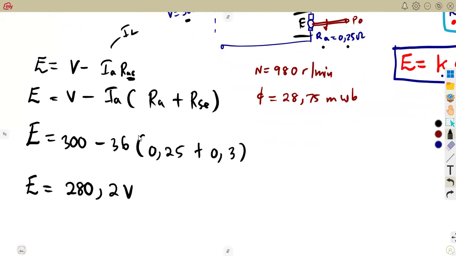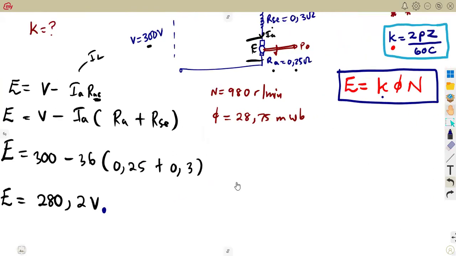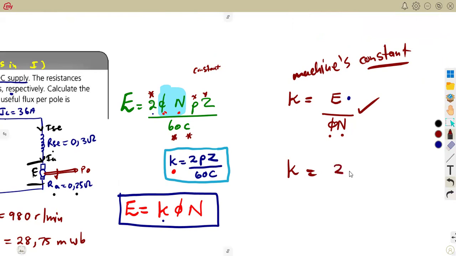Now, the machine's constant can be determined, which is K, from this generated EMF that we have. The machine's constant can be determined because that was the missing part that we had. So therefore, the machine's constant is equal to E, as we calculated, that gave us 280.2 over what?